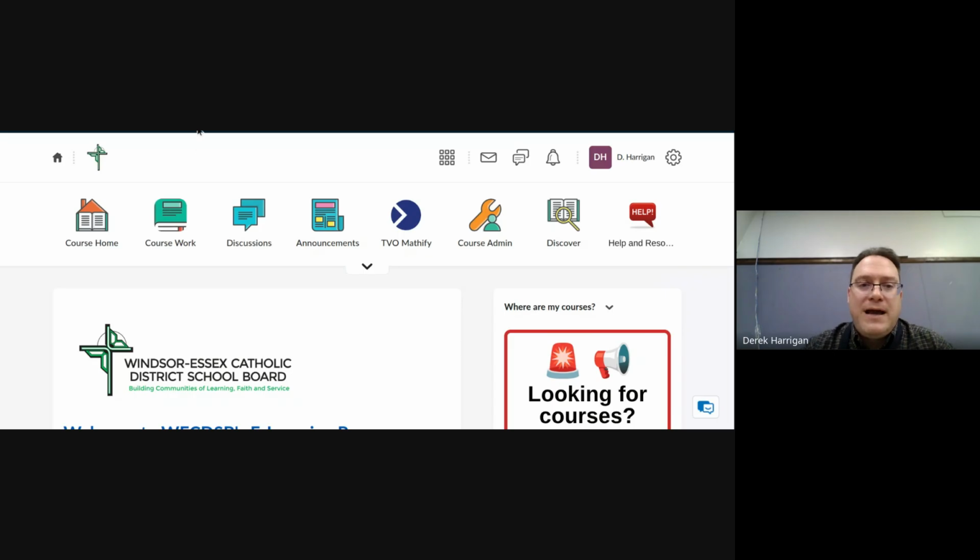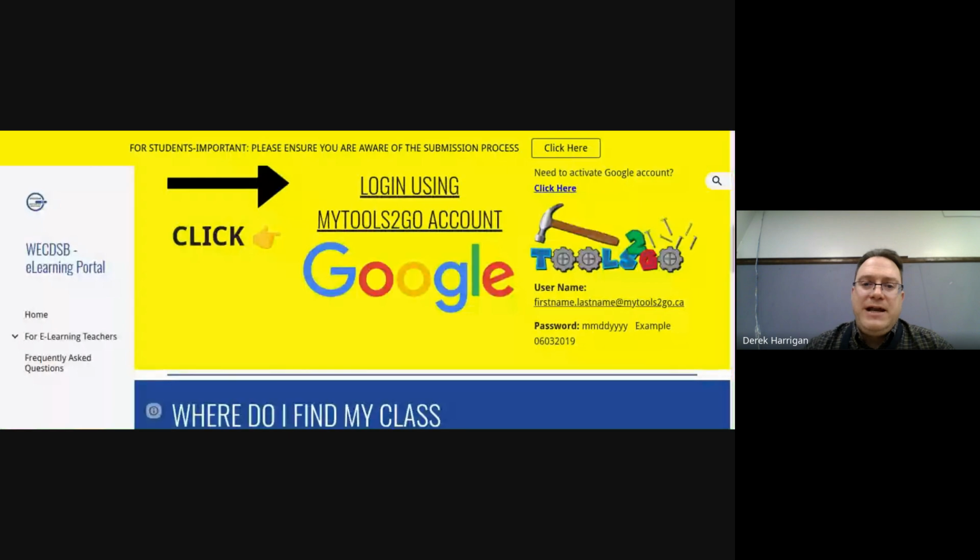Oh, by the way, I forgot to mention this, the login page. This page right here, the one that I gave you a link to, I would strongly recommend that you bookmark this page, that you go up and bookmark it in your My Tools to Go account.